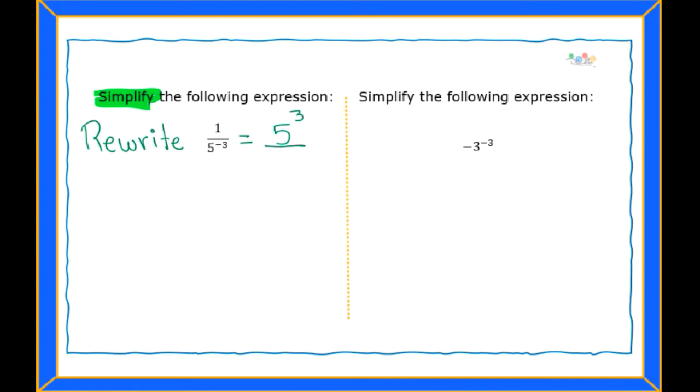On the denominator, I can put a 1, or I don't even need a 1. So 5 to the 3rd power is the same as 5 times 5 times 5, which gives me 125. Very good.